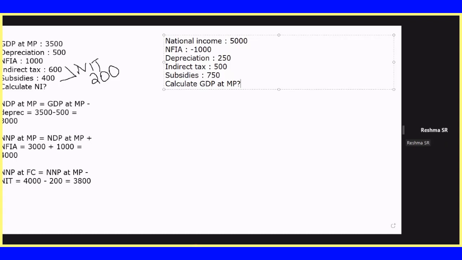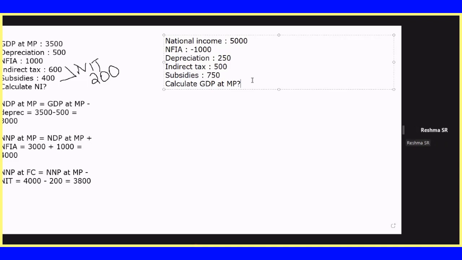Ma'am, one doubt. Yes. Like we find GDP at MP and NDP at MP using factor cost and NIT, can we find NNP at FC and NNP at MP? I didn't get you.